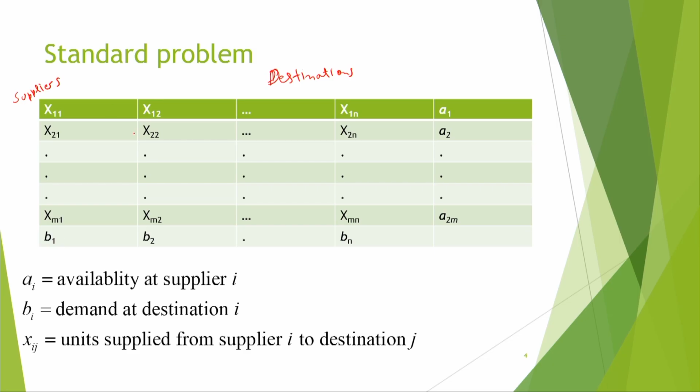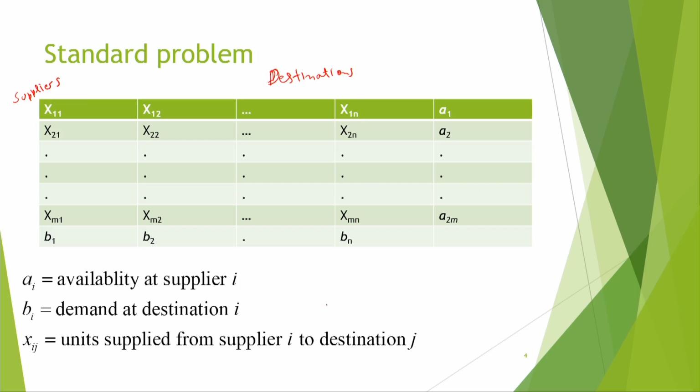In each cell, I am putting the units supplied from supplier i to destination j, represented by xij. So x12 means supply is from factory 1 and destination is city number 2. Similarly, xmn means supply is from factory m and destination is city number n.